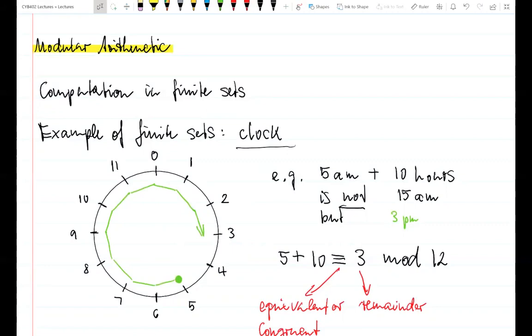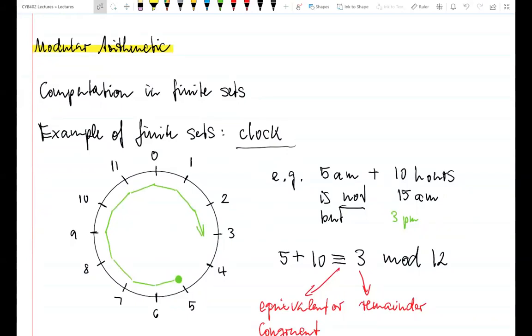What we're going to do today is talk about computations in such sets and how to look at these kinds of sets from a more abstract point of view, which is talking about groups and rings.